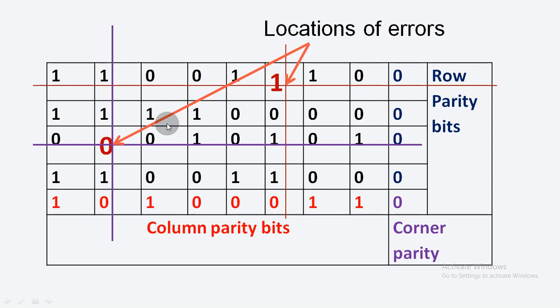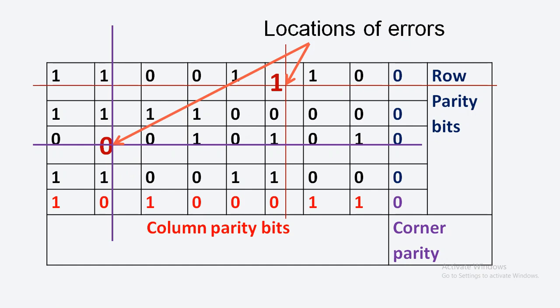Something might have happened somewhere inside, therefore we have drawn a vertical line over here. We have already drawn a horizontal line over here, and a vertical line over here. The intersection of the horizontal line through rows and the vertical line through columns will indicate the location where bit errors have happened. If it is 0, make it 1, and if it is 1, make it 0.